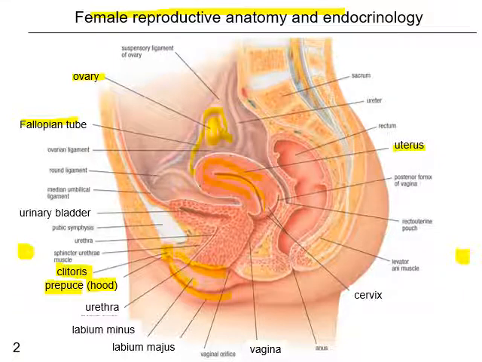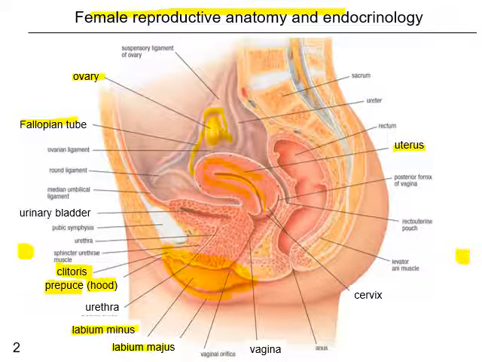Surrounding the clitoris and the vaginal opening are the labia. So one labium, two labia. The labia minora are the labia that are sort of lip structures that surround the clitoris and the vagina.